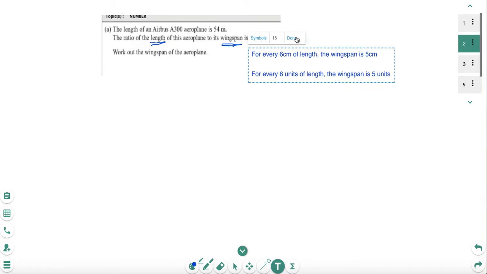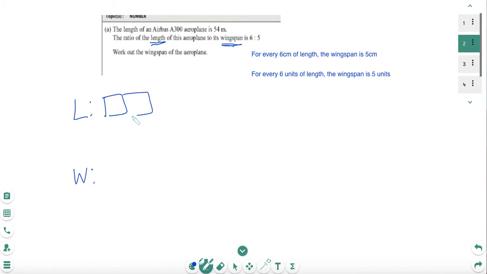So let's draw our units out together. So we have the length and we have the wingspan. So I'm going to draw 6 units for length. I'll draw 5 units for wingspan.